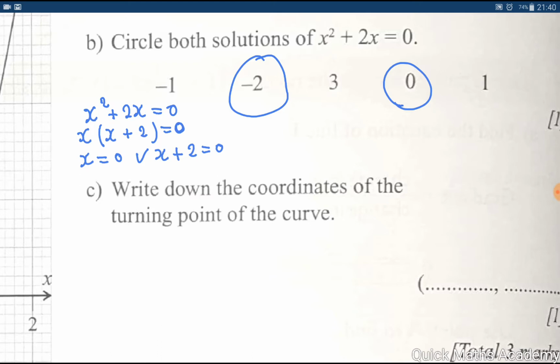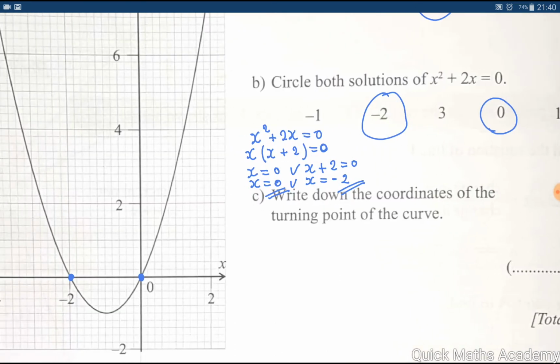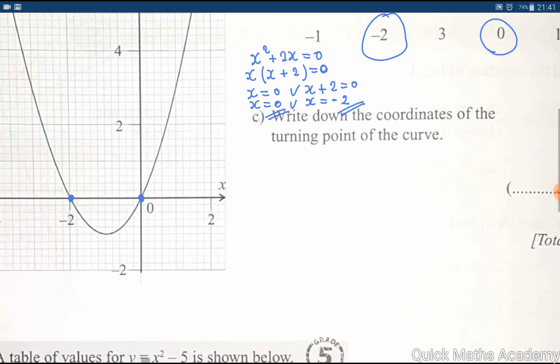That means that x is 0 or x equals -2. You see, analytically I must have the same conclusion. My roots, my zeros, they are 0 and -2, which, by the way, are the ones that I have circled looking at the graphic. So, two ways of solving this. You don't have to have a graphic to solve this, but it's easier with the graphic, of course.